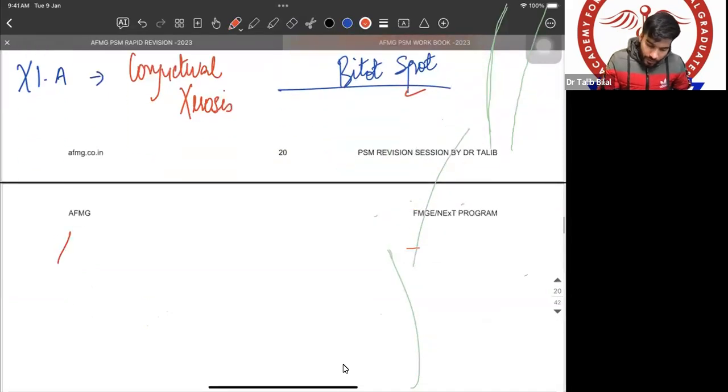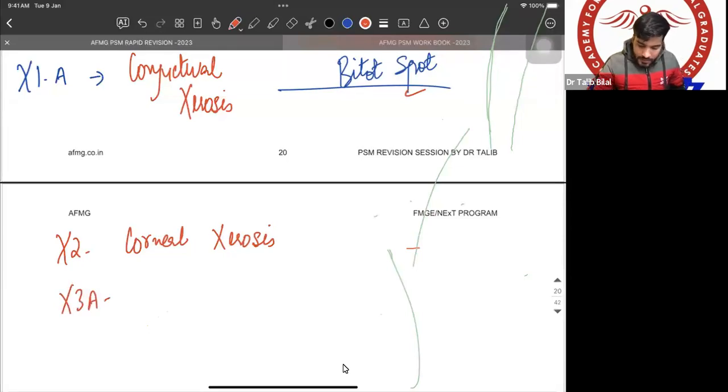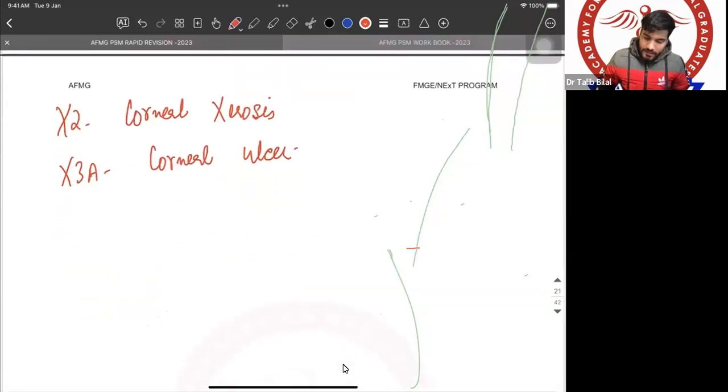If I talk about X2, that is corneal xerosis. X3A is corneal ulcer or corneal scar.